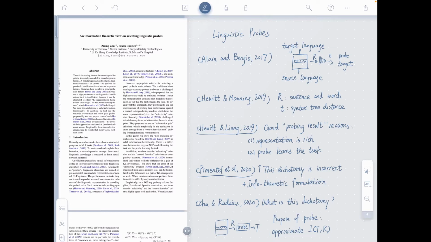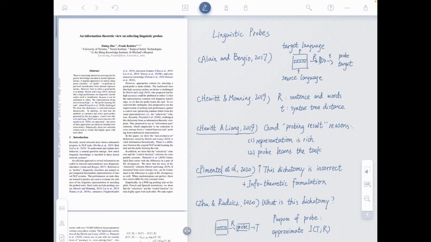Because neural network representations are black boxes, it is hard to know which types of information each layer of representation encodes. So they proposed to use a diagnostic classifier that takes in an input R from the neural translation system, and they try to probe some target T.